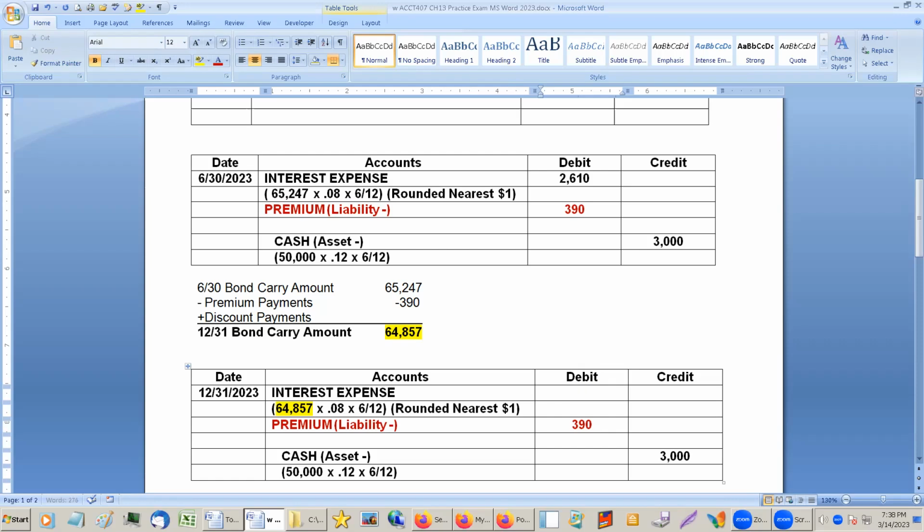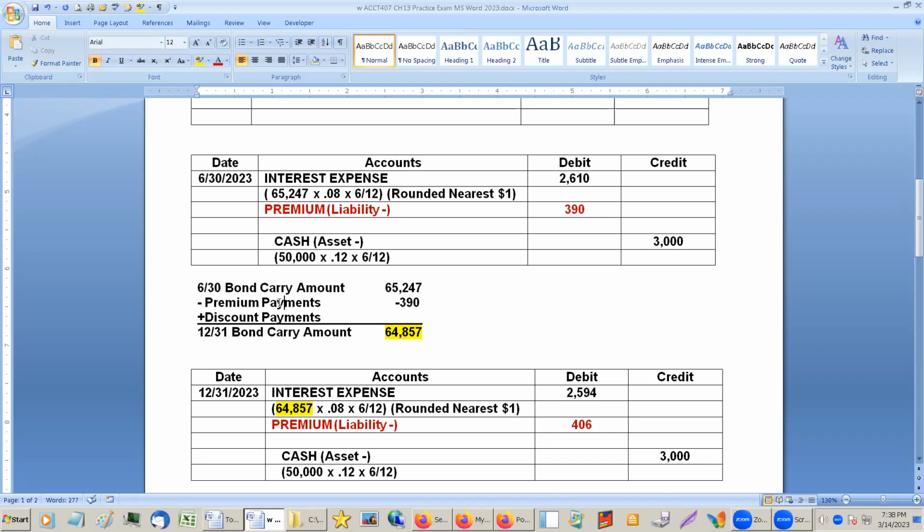$594. Uh, 406. You want to check that? And again, it's either going to be a premium or a discount. You're not going to have both of these.